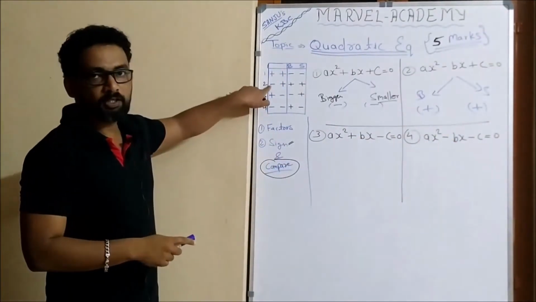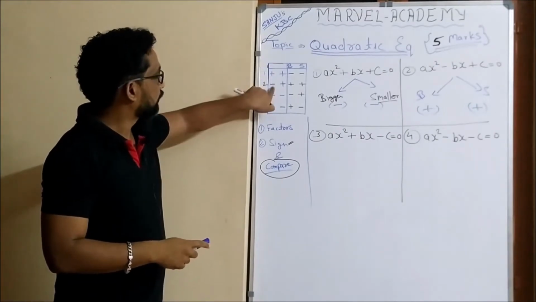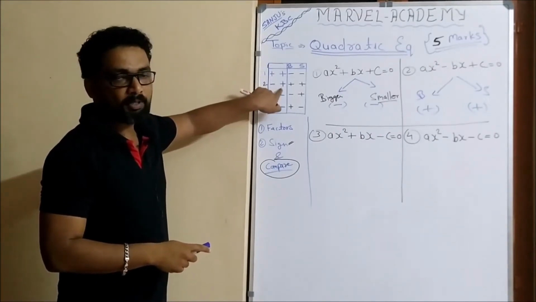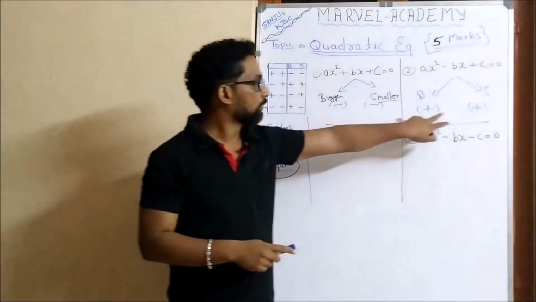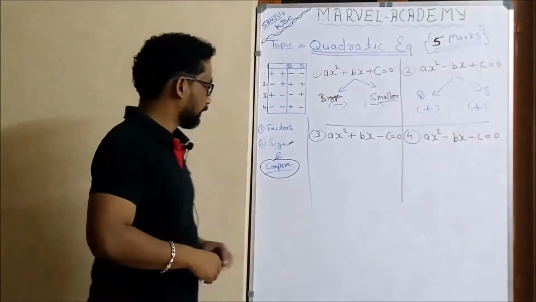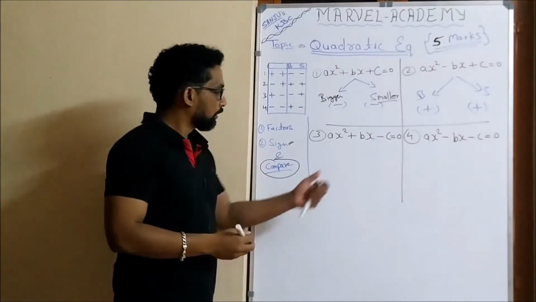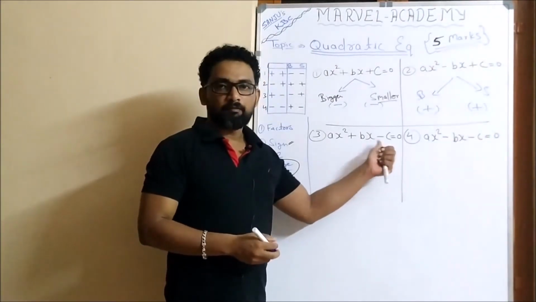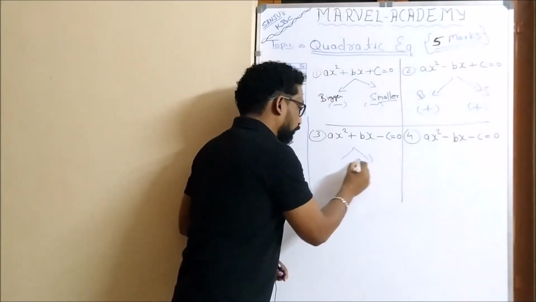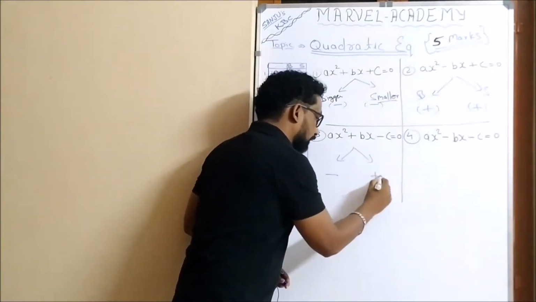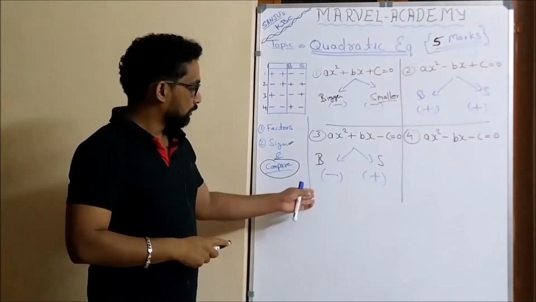Like we can see over here, if our values are minus and plus, then the resultant should be positive. Next is plus and minus. When our values are plus and minus, then the factor values will be minus and plus.